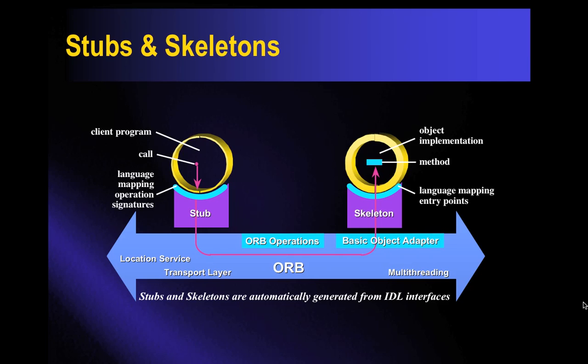Stubs and skeletons, the same thing you get with RMI actually. Here's the client program. There's a call through a stub, same concept. And then you have the ORB operation with a skeleton on the side over here for the business logic adapter on the server. Object implementation, the method that's inside of the object that's coming through the skeleton interface.